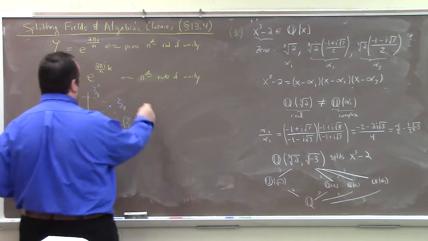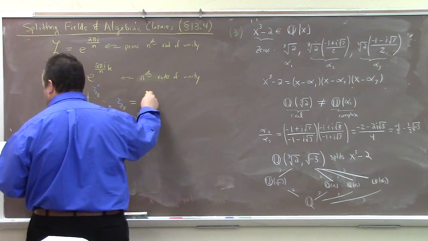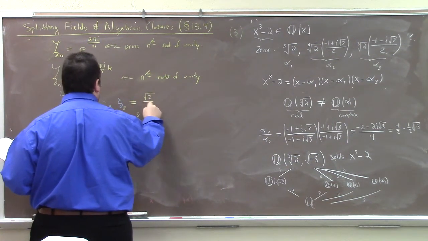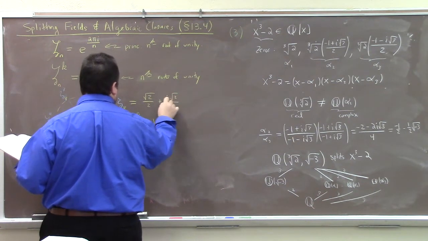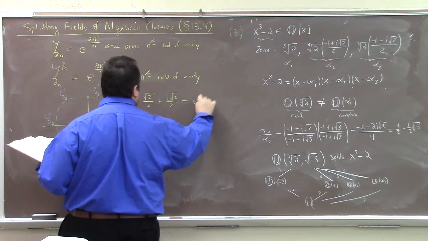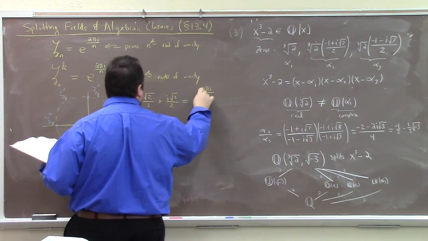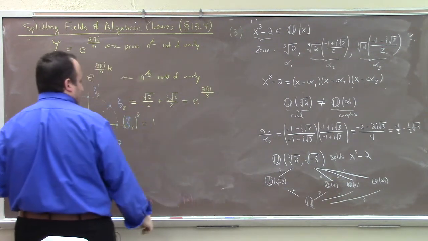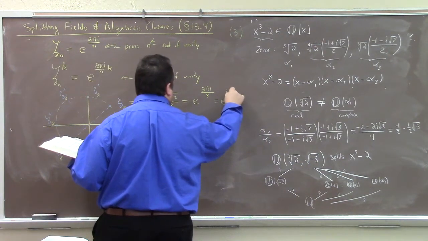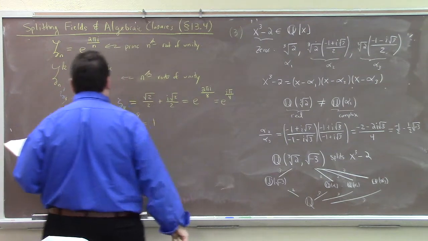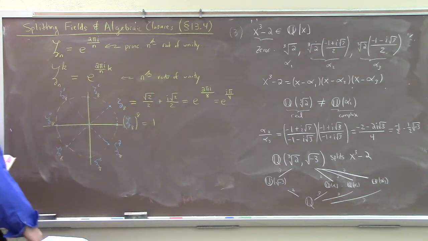And he's got the formula for it, actually. The 8th root of unity is the square root of 2 over 2 plus i times square root of 2 over 2. Of course, that's the e to the 2 pi i over 8, which we just were calculating a second ago, e to the i pi over 4. So it should be a little bit familiar. So those are principal 8th roots of unity.